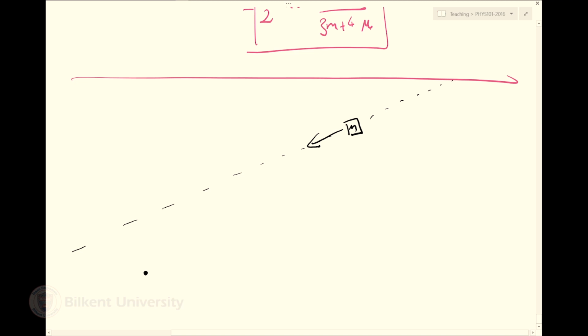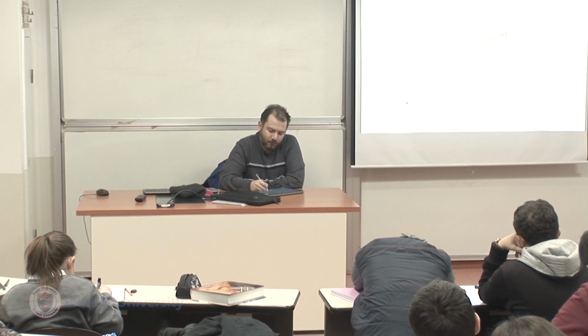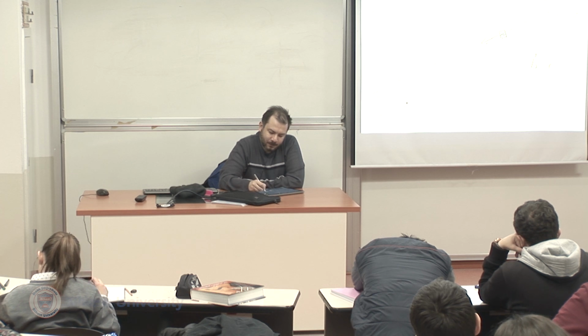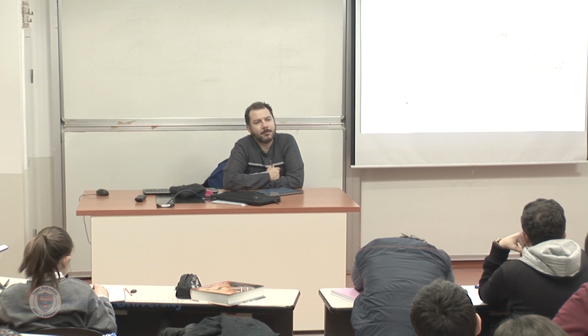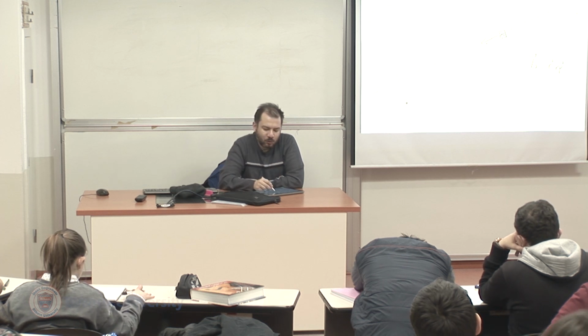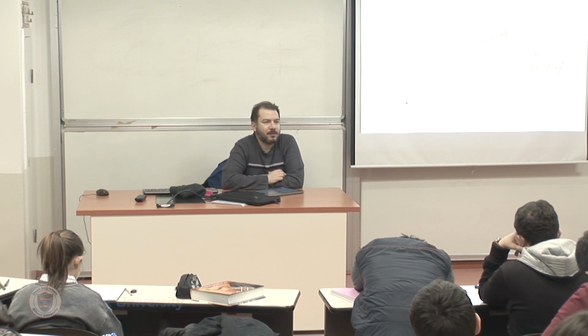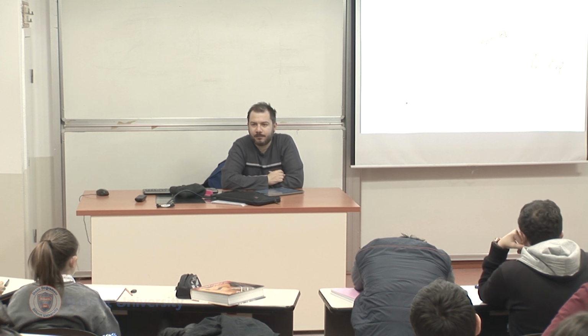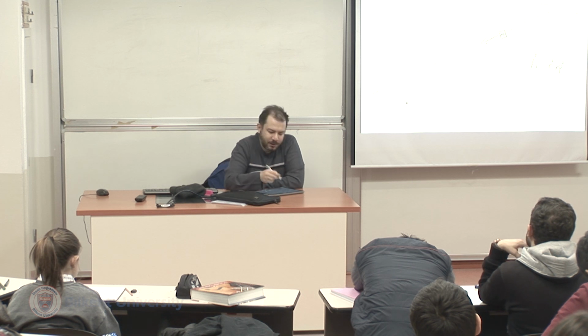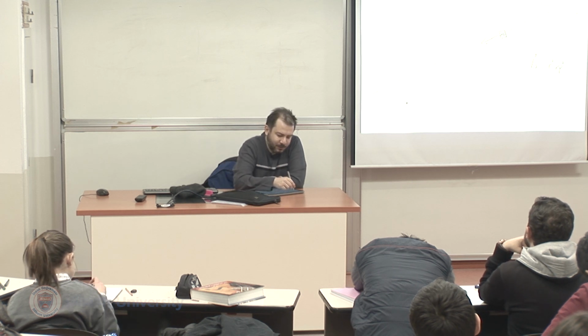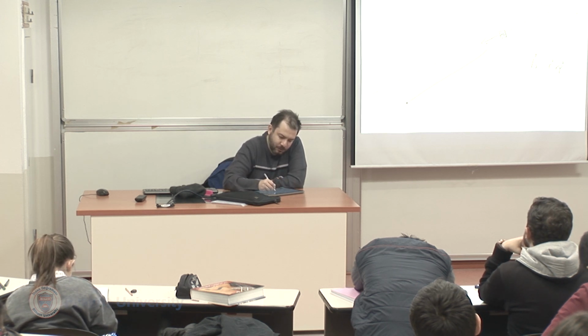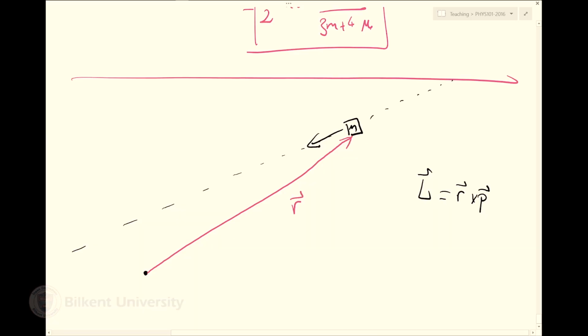But my definition of L is R cross P. And R, as this object moves along this line, is always changing with time, isn't it? Right? R is the vector. You remember, it's the vector from the pivot point to the mass itself. So it's actually getting smaller and smaller.